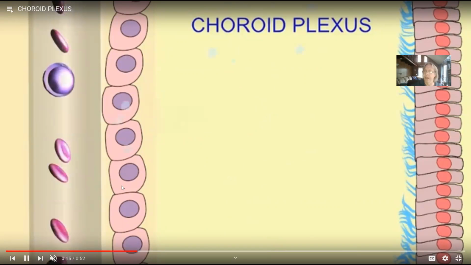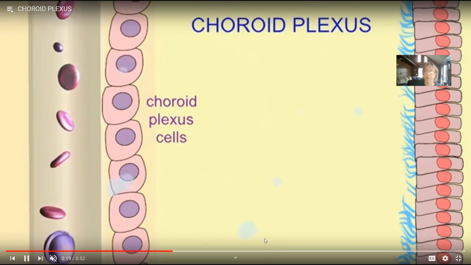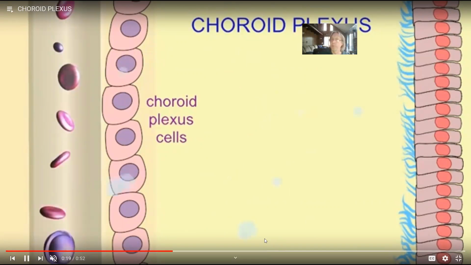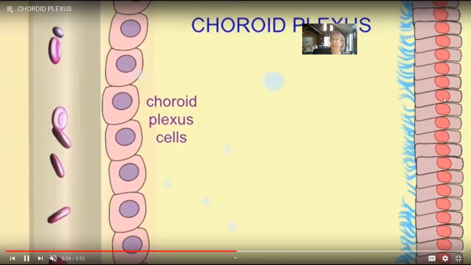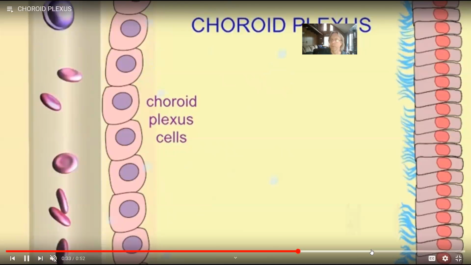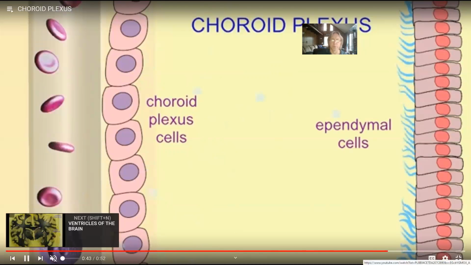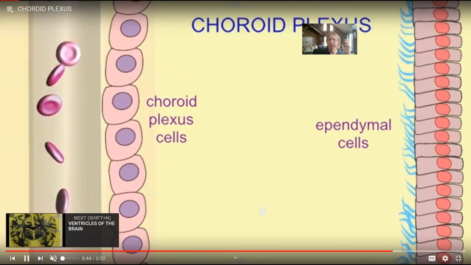Oxytocin has multiple ways it can get from one area to another, but one of those is through the choroid plexus. If you remember when we talked about glial cells, one of the forms of glia are these ependymal cells, which are ciliated. They have cilia, which can help transport this fluid through the nervous system. So we make this cerebrospinal fluid at specialized areas called choroid plexus.